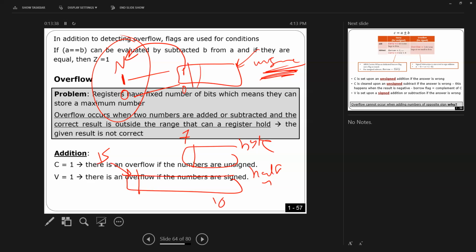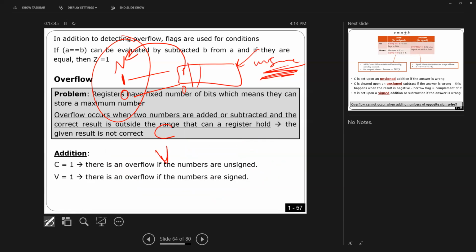Same thing for two other flags: the carry flag and the V flag. The carry flag should tell me if there is unsigned overflow or not. The V flag should tell me if there is signed overflow or not. Again, the processor does not know if your number is signed or unsigned, but it's going to give you the 2 answers.